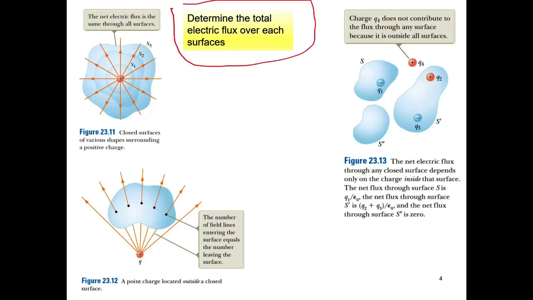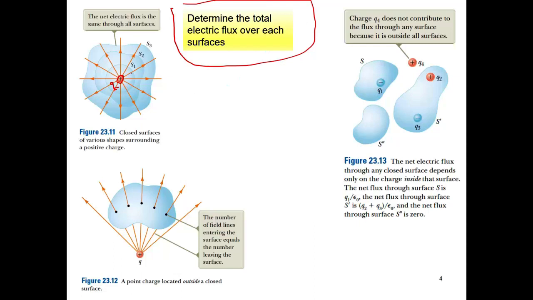For example, here we have a positive charge, let's call it Q, and there are three surfaces, S1, S2, S3. When I say surface, it's not two-dimensional. It's like an irregularly shaped sphere around the charge.